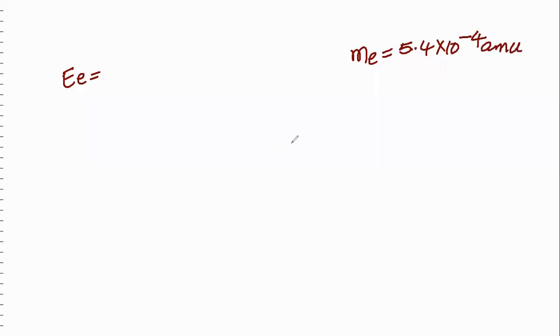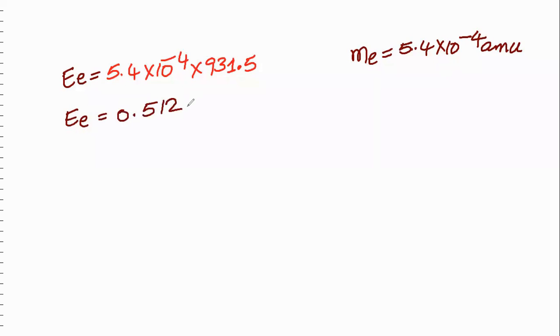So the energy of the electron, 5.4 into 10 power minus 4 into 931.5, will be 0.512 MeV. Like that, we may take the energy of the proton and the neutron.